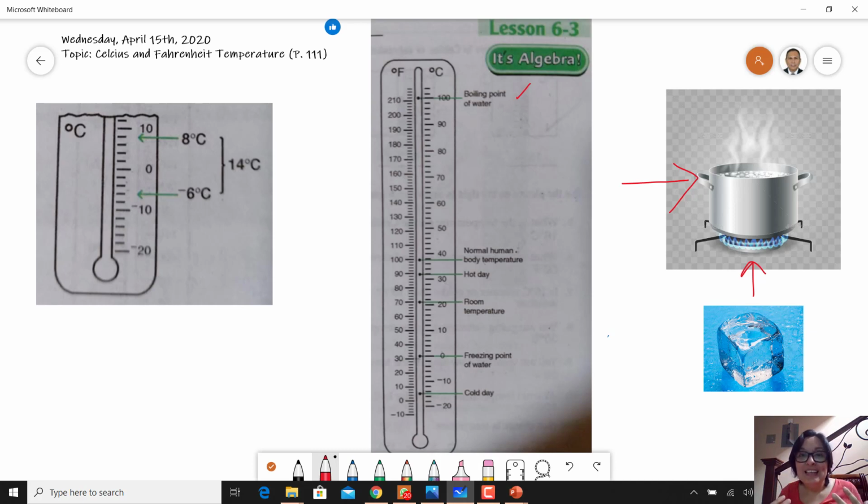So that is the boiling point of water. And you say, Mamá, el agua está hirviendo. Okay? Because it starts to bubble and bubble. That is the boiling point of water.